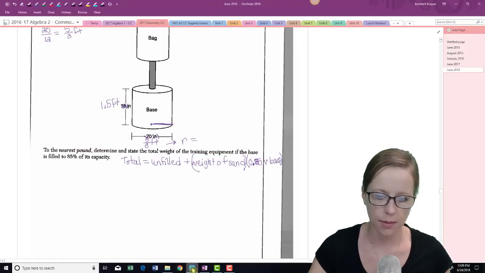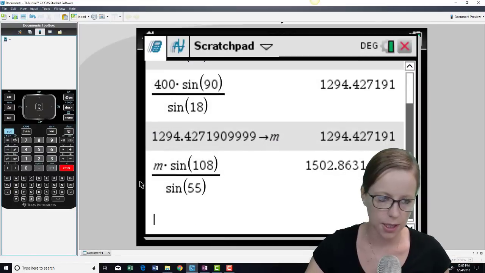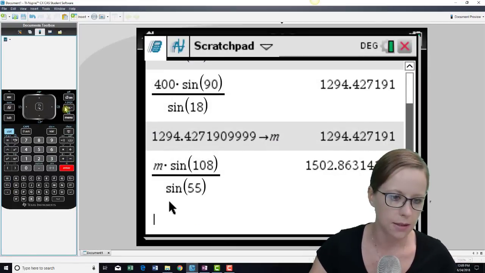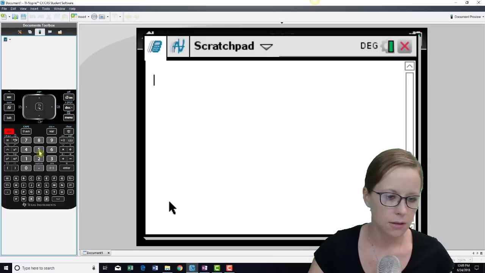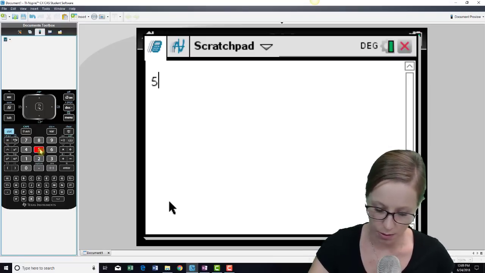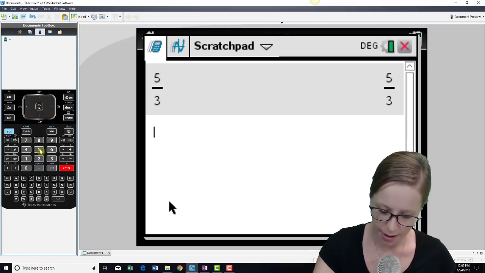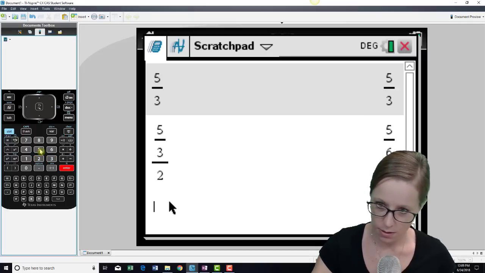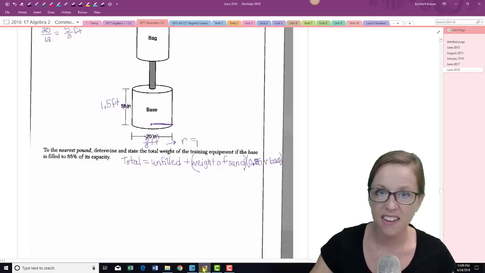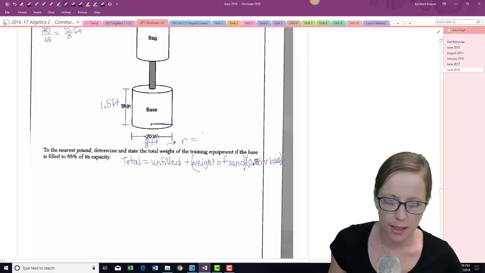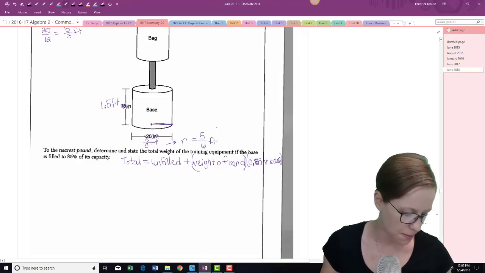Let me doc B this. 5/3. Holy smokes, this is making me crazy. 5/3 divided by 2 is 5/6. That's an ugly number, by the way. 5/6 of a foot. Okay.